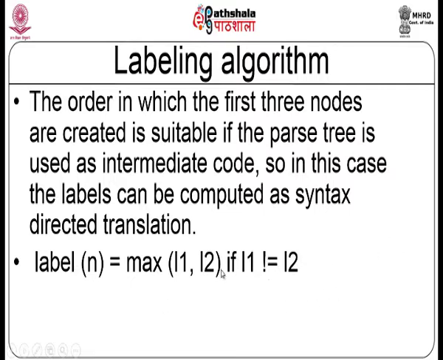If the labels do not match, I have to choose the max of the 2 labels and assign it to the interior node n whose left and right children are L1 comma L2. On the other hand, I will choose L1 plus 1 if L1 is equal to L2. If the labels match, then the parent's label will be the left child's label plus 1.